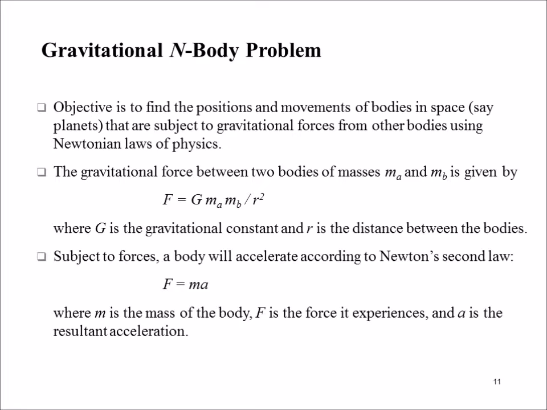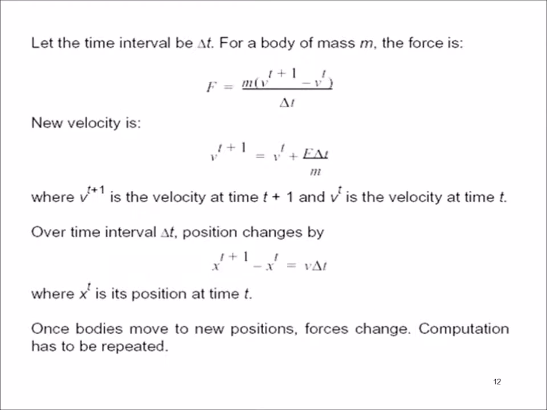So how much force is applied on these bodies? F equals ma, where m is the mass of the body and F is the force, a is the resulting acceleration. So from this, we should be able to calculate what happens next. We do this calculation by stepping through time.